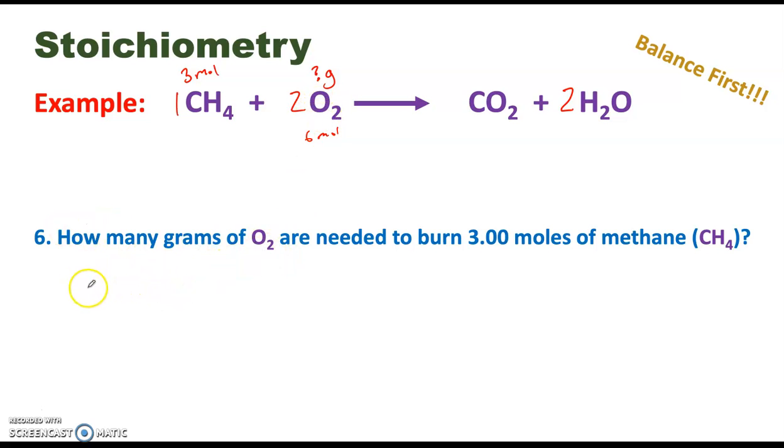So let's set this up. 3 moles of methane, CH4. Now, because I'm already at moles, I can go from moles of any substance to moles of any other substance. So I always take the unit that's in the top left, bring it down, CH4, and I go to moles of oxygen.